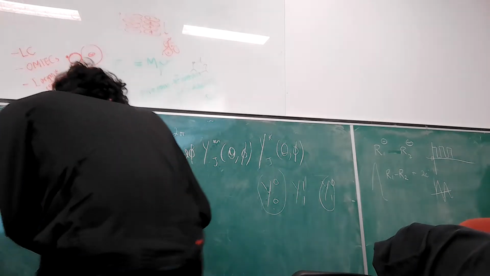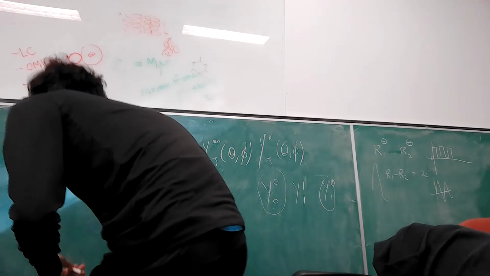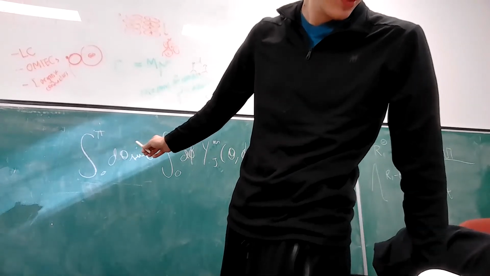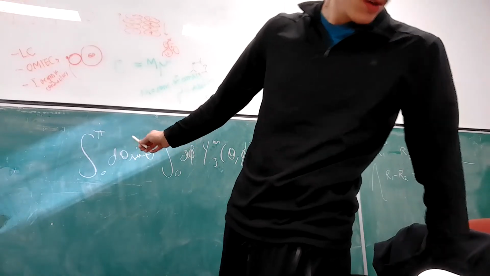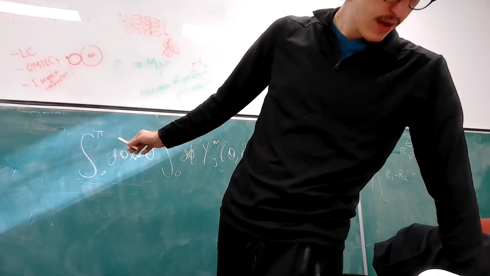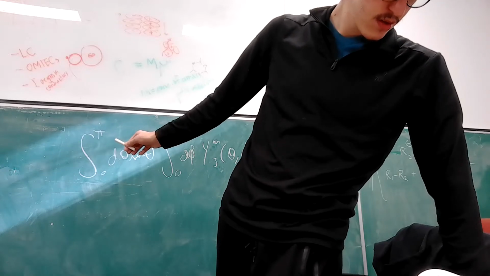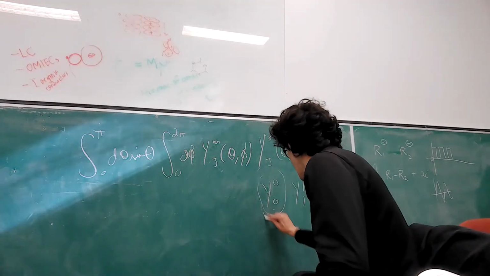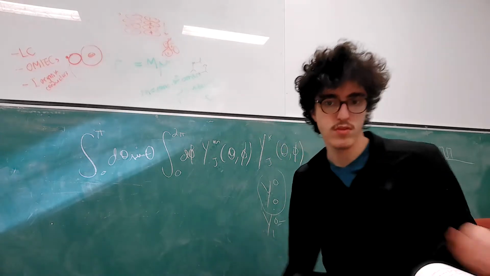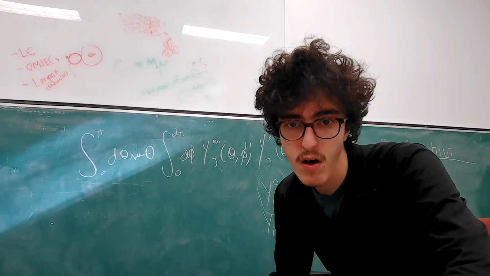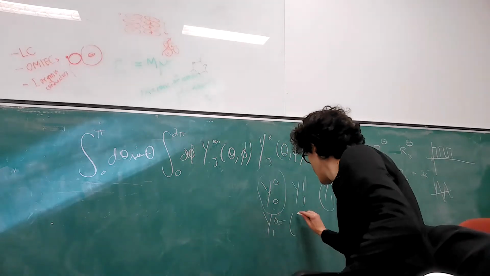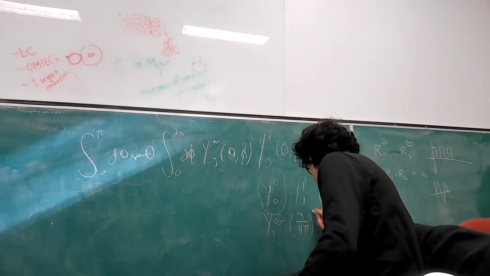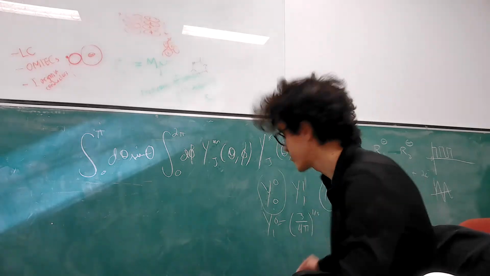So you start with the integral, so you have the integral in here. So we know that Y10 is equal to, let's look at the table, square root of 3 over 4 pi times cosine theta.